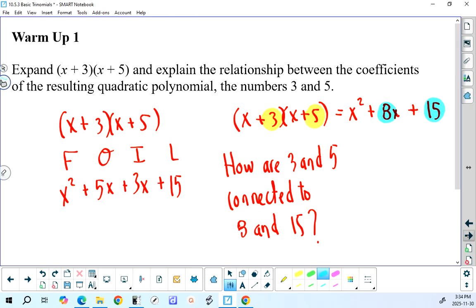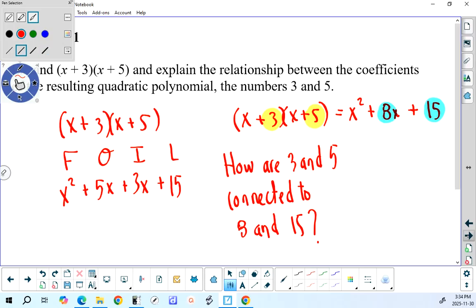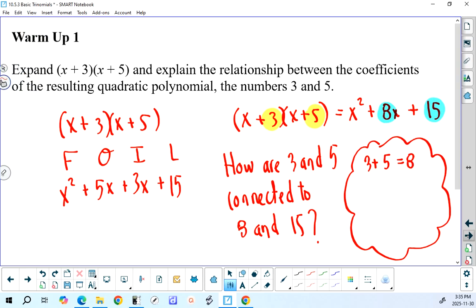We're going to add to this in more detail in a bit, but for the time being, what we can do is say that 3 plus 5 gives me 8, and 3 times 5 gives me 15. And I want you to note that 8 is the value of b. It's the coefficient of x.